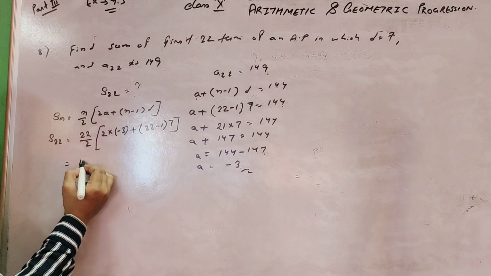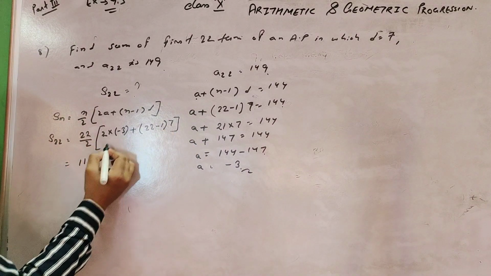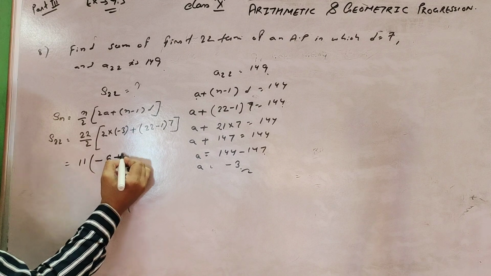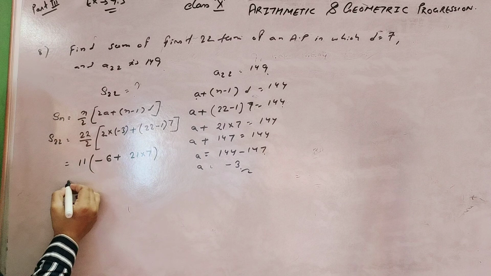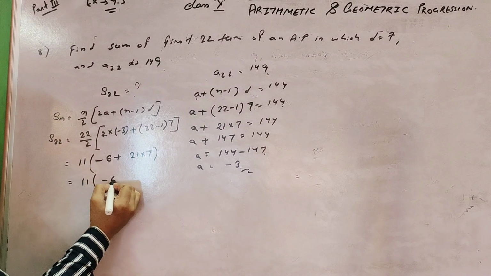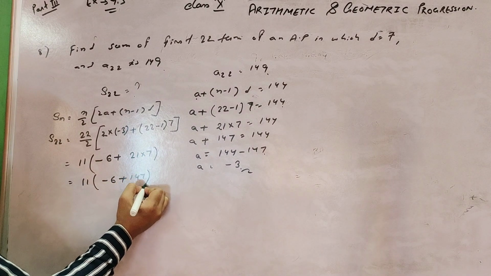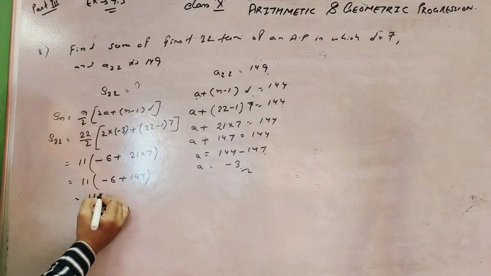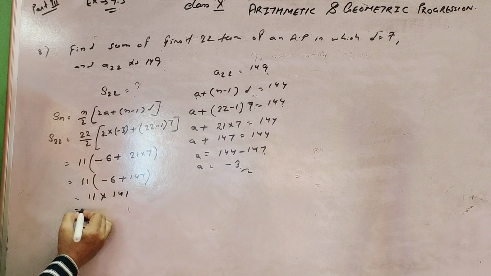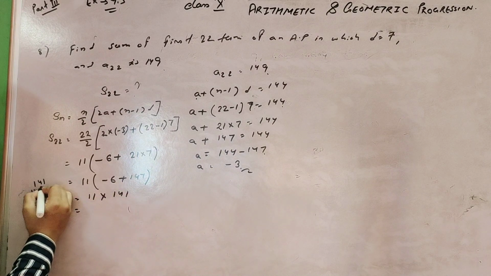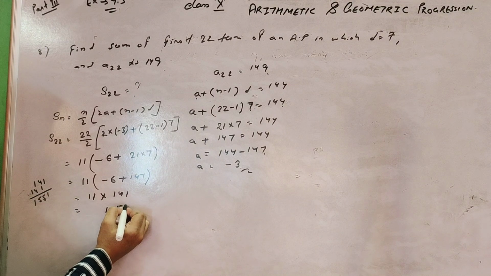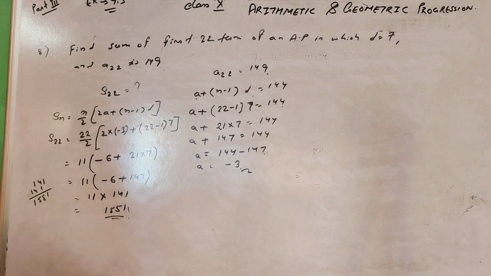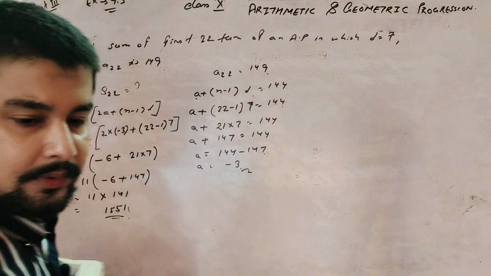So 22 by 2, that is 11, 2 into a plus 21 into 7. So 11 into 4 plus 147, 11 into 151. So the answer is 1661. Okay, note.